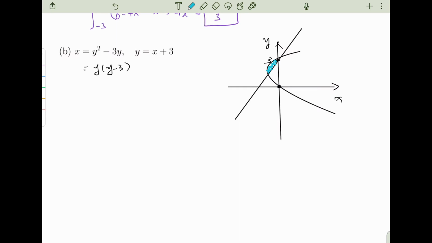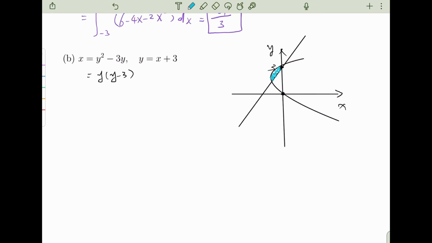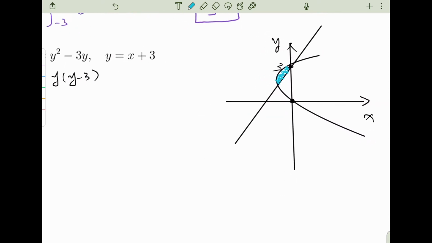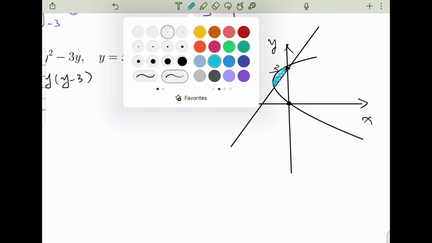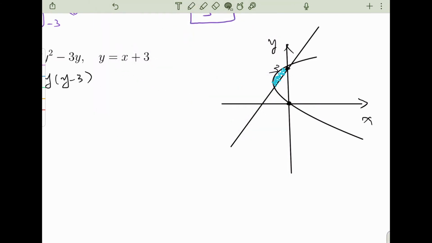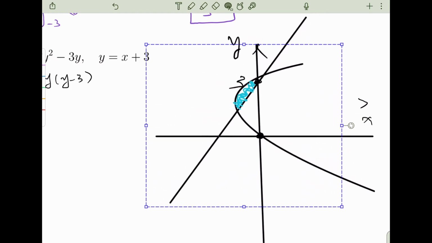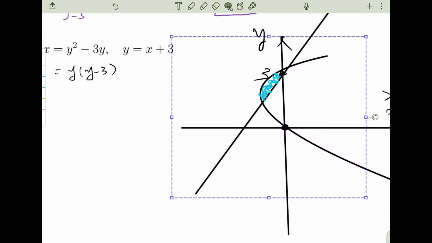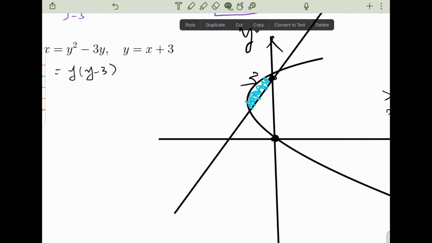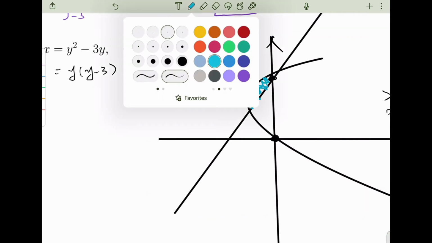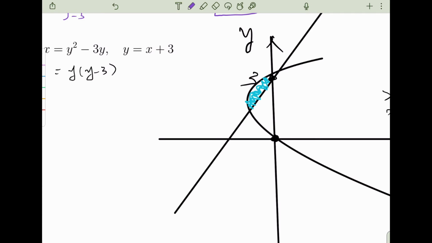If we use the integrals in terms of x, then we will have something difficult to work on, because let me enlarge this a little bit so that you can see it. If you do the integral in terms of x, then you will need to work with this part and that part, right?